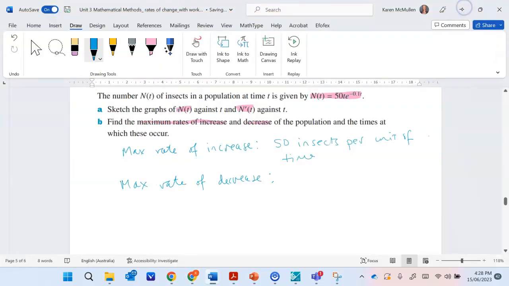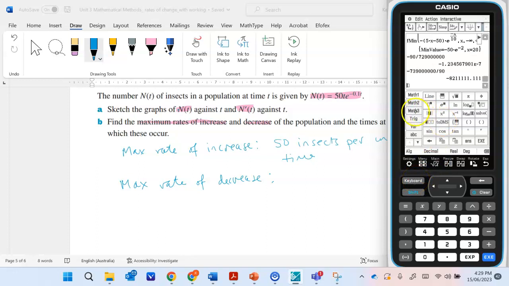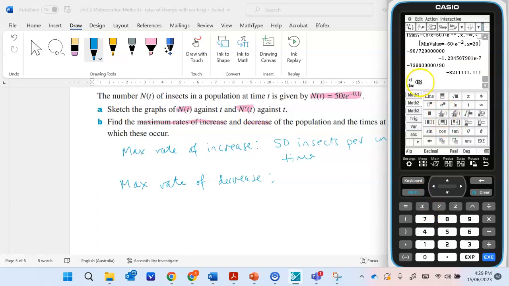Now, if we were to do that on our calculator, I've probably already done it somewhere, but let's just do it again. Let's find the derivative. 50, I'm just using x, but make sure you transfer it properly, times e to the power of negative 0.1x.